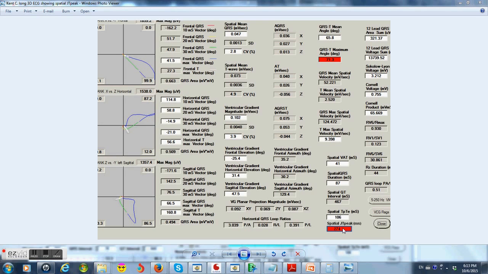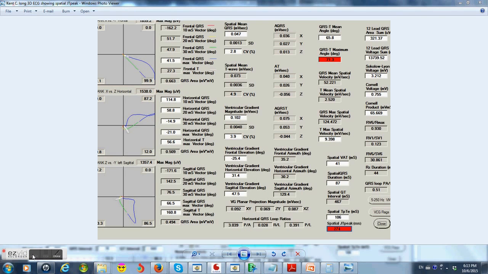That's abnormal. That can be easily derived just by taking the spatial QT interval, as we see here, 467, subtracting out both the spatial QRS duration, 87, and the spatial T peak, Tn. And if you do that, you end up with 274 milliseconds, which is elevated. A normal value in any healthy subject should be less than about 268.